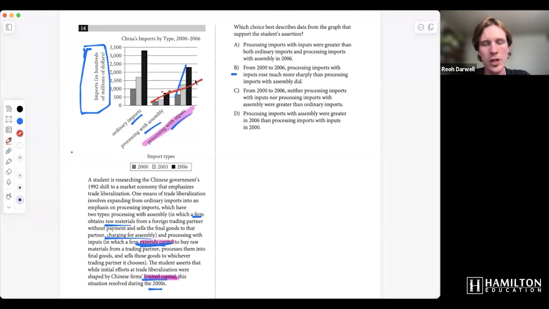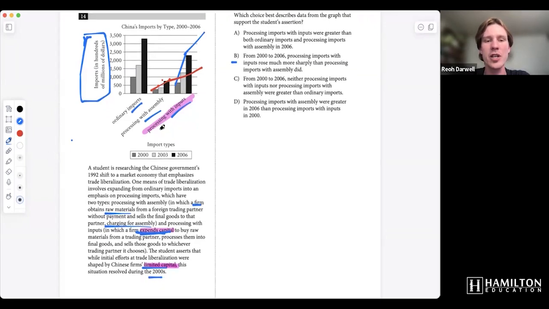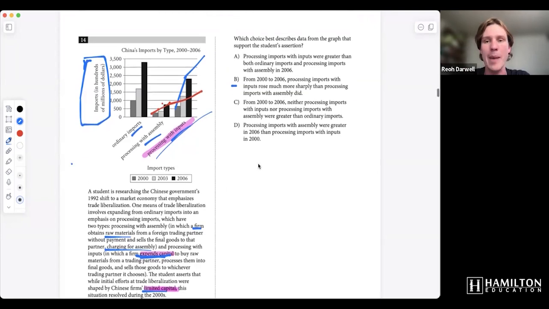So looking at the slope of these lines, look at how much sharper processing with inputs grew over the course of this period. That therefore will suggest that because the slope is higher, liberalization through processing with inputs increased because now there's no longer an issue of limited capital. All right, so that is how we get to answer choice B, okay?